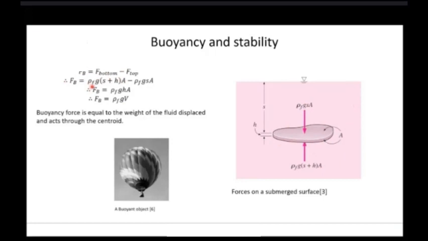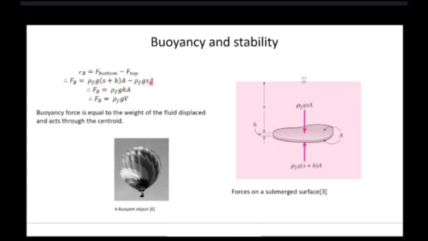So that's rho of the fluid, g, and actually it's not just h, it's s meters below the surface, plus h, the height, the thickness of the plate. So there's our pressure, rho g h, times the area. That's the force on the bottom of the plate.